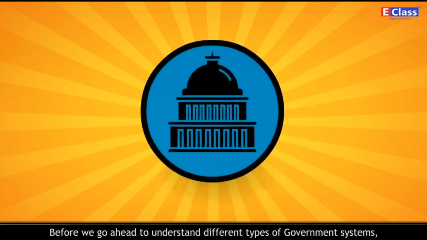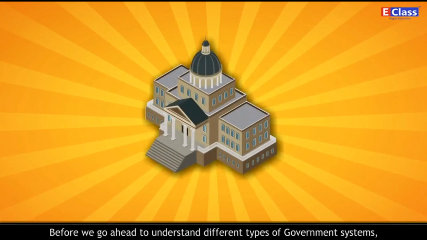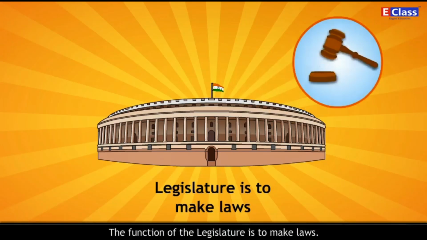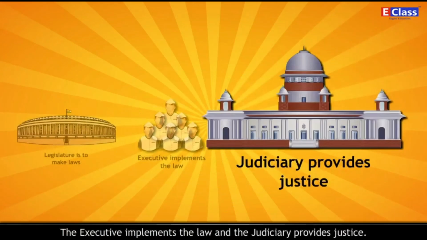Before we go ahead to understand different types of government systems, let us get information about the main branches of government. The function of the legislature is to make laws. The executive implements the law and the judiciary provides justice.